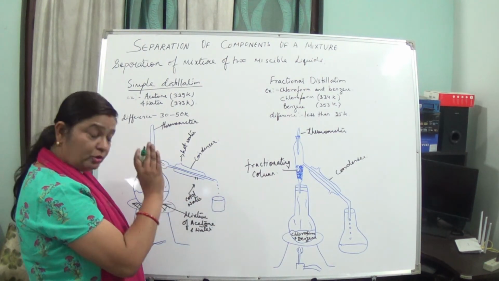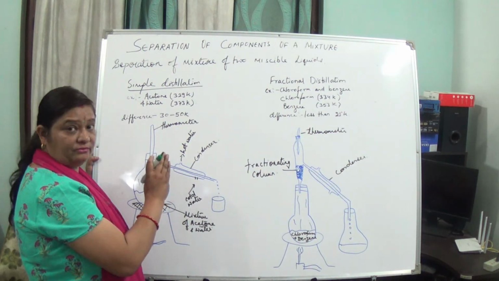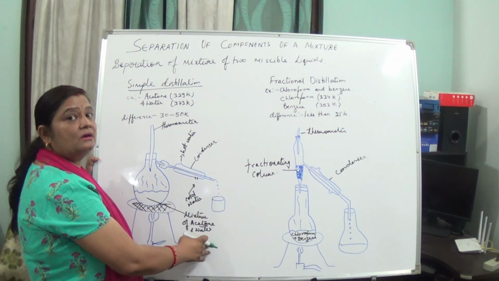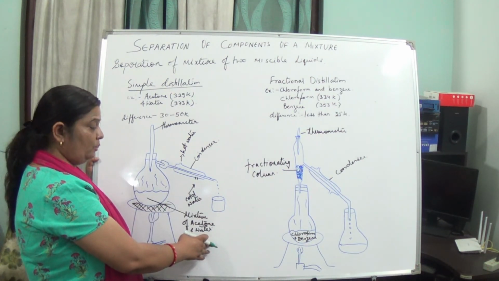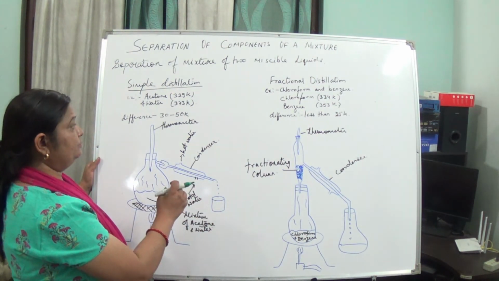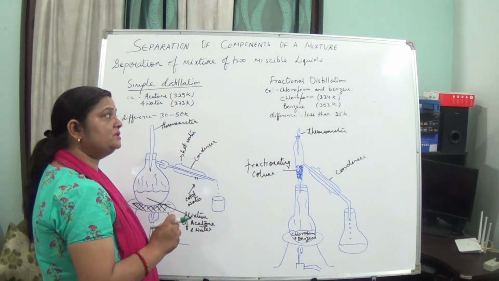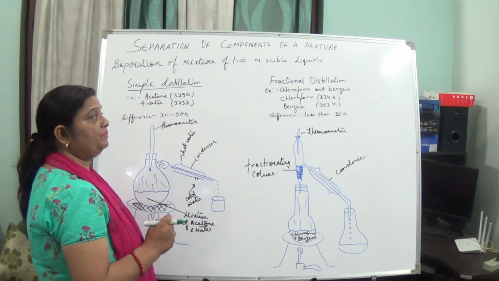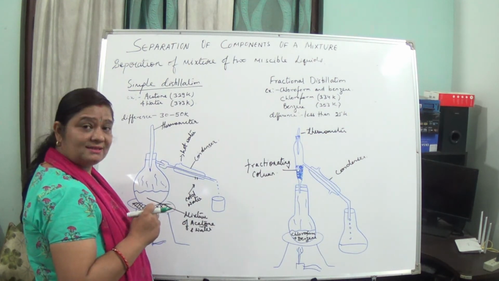Here the difference should be at least 30 to 50 Kelvin, I said, and for acetone and water it is 44 Kelvin.